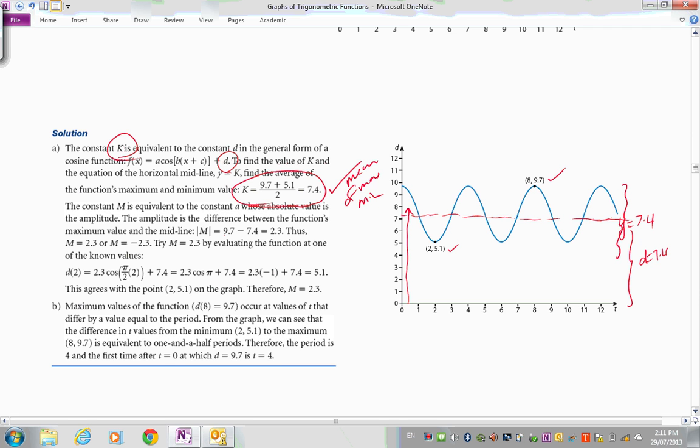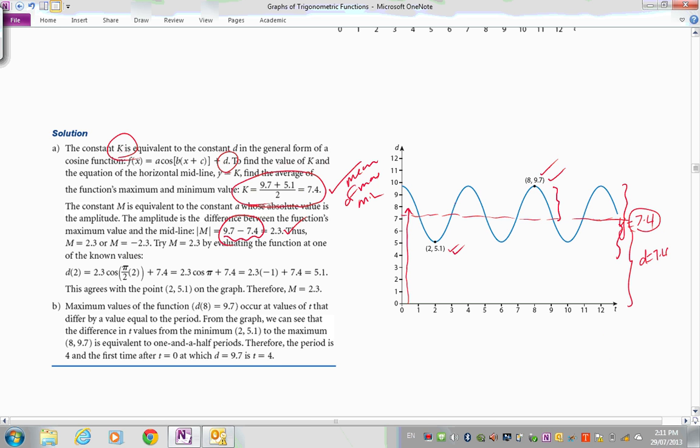So here what we will do is find how far the maximum is away from 7.4. So 9.7 take 7.4 is 2.3. Or you could have 9.7 take 5.1 and divide by 2. Okay, either one.